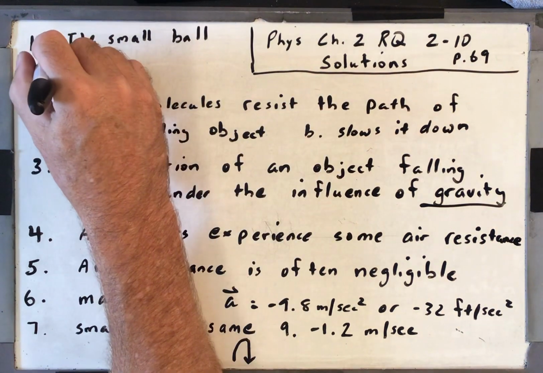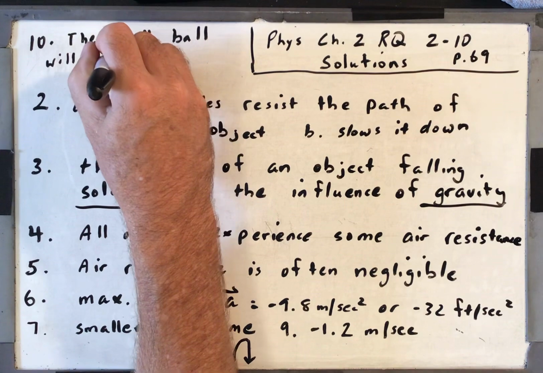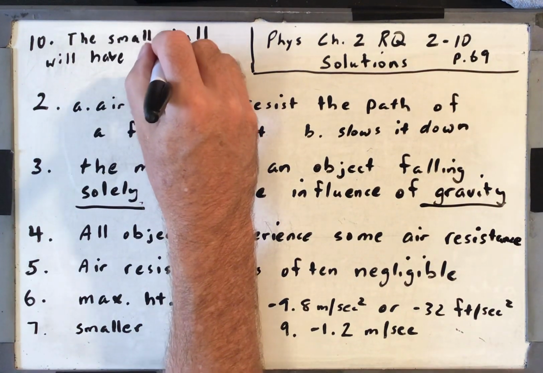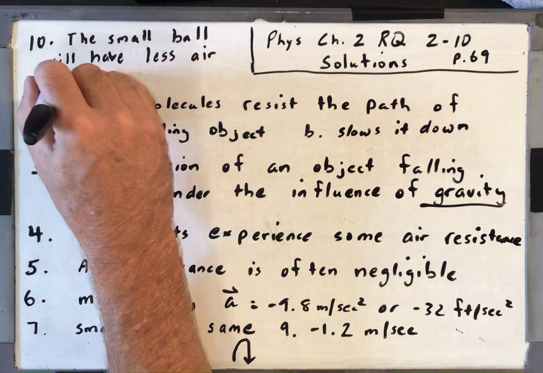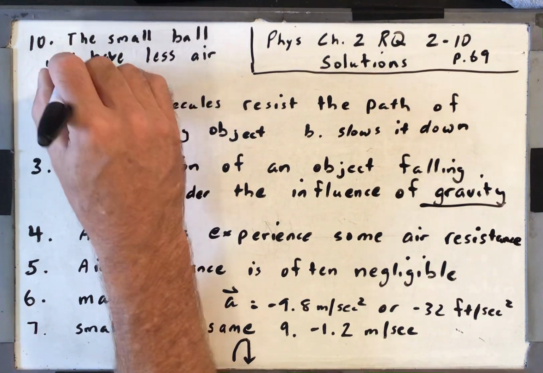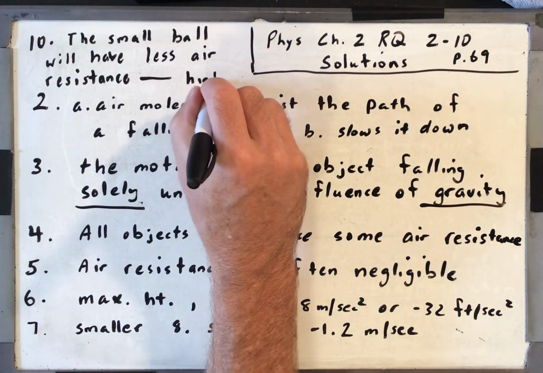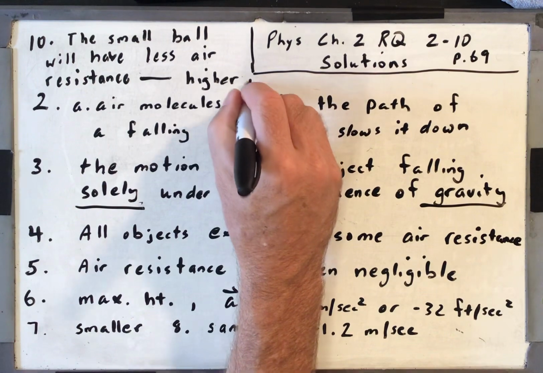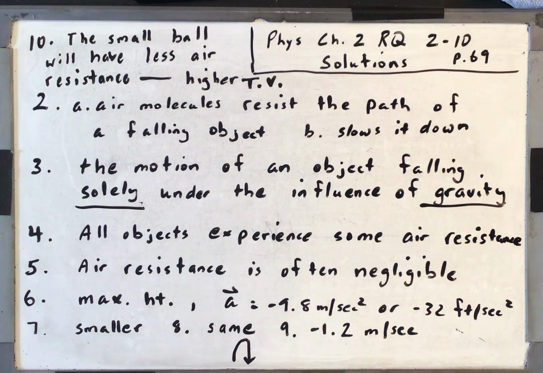So the small ball will have less air resistance if it has a smaller surface area, so a higher terminal velocity. All right, that does it for the review questions.